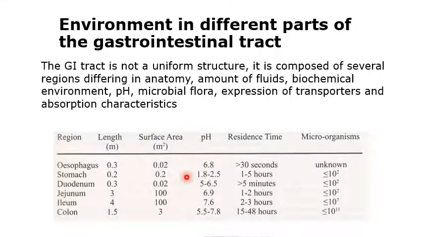pH differences are also important. The pH range of the stomach is 1.8 to 2.5 according to other references, or a 1 to 3 pH range, compared with a pH value of 5 to 7.6 in the small intestine. Residence time is also different.